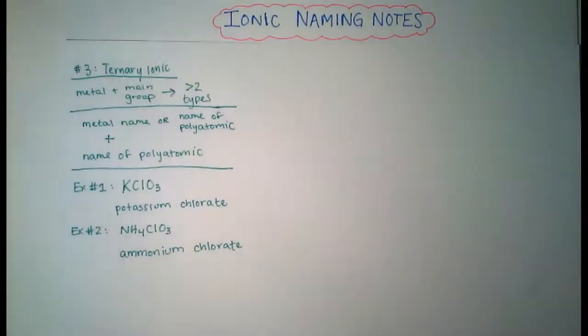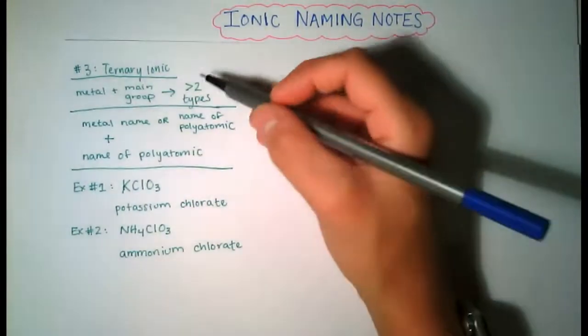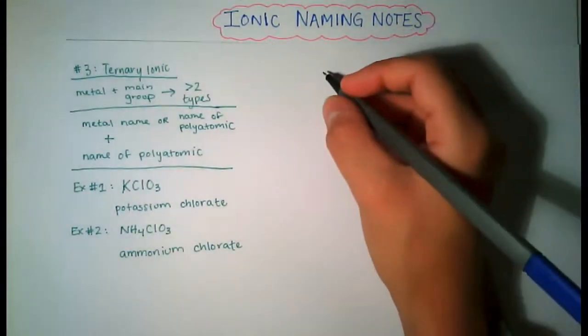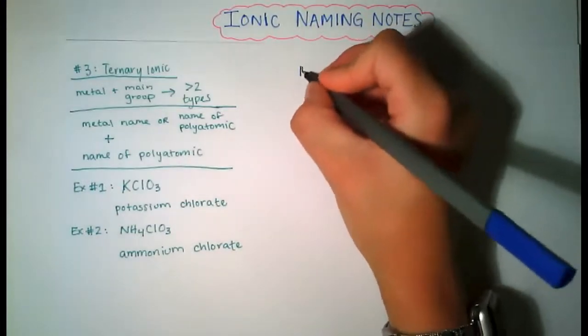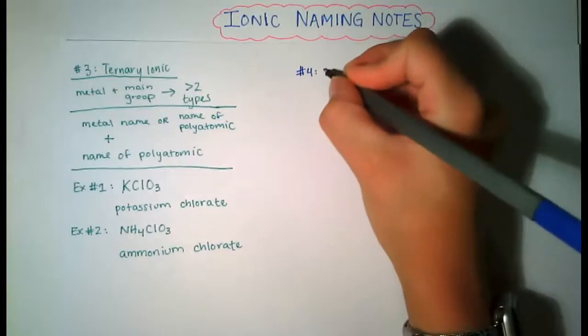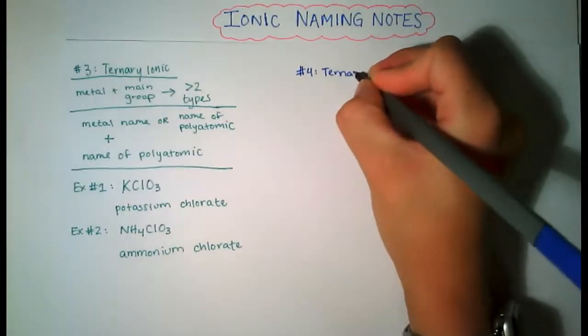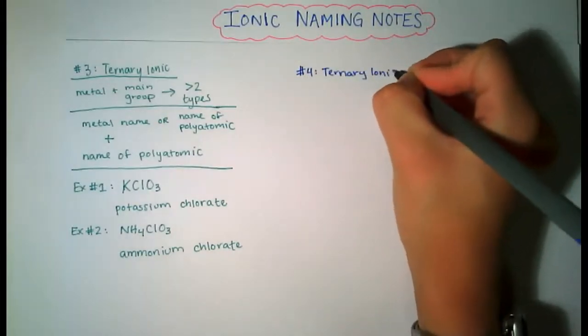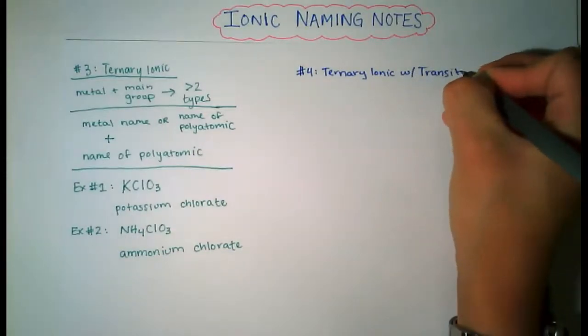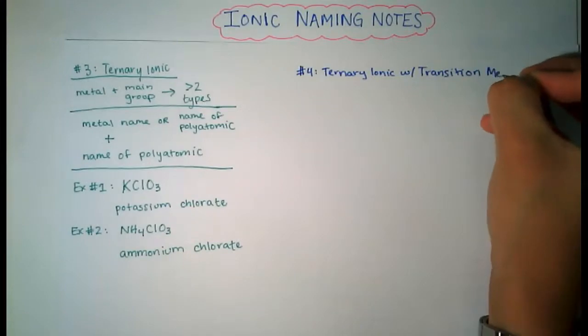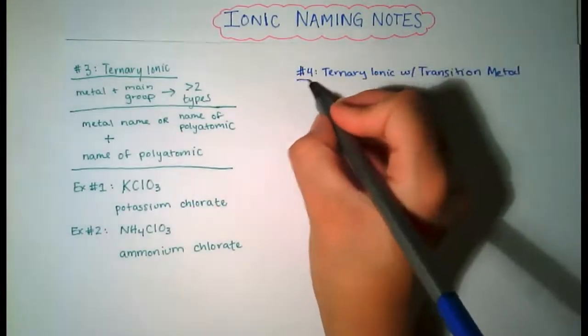Our last group of compounds are ternary ionic compounds that also contain a transition metal. So group number 4 are ternary ionic with a transition metal.